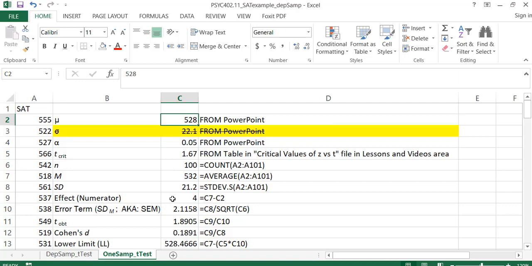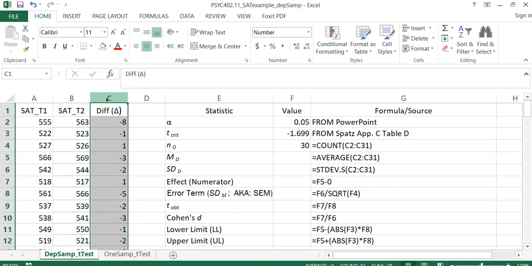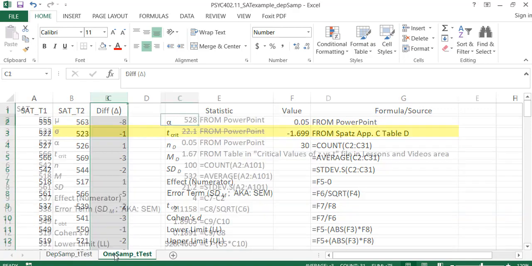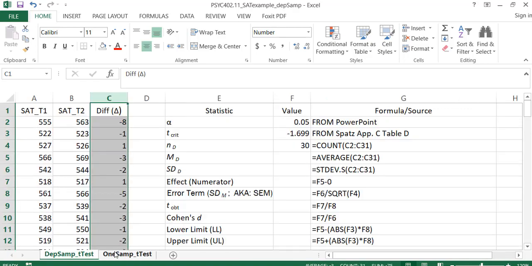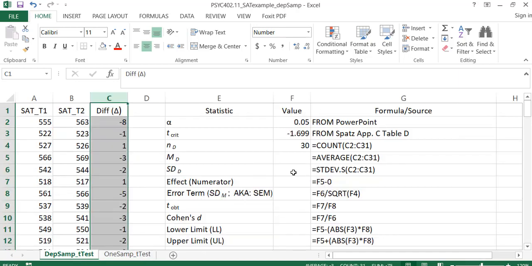But the general process, the math behind it, is very similar to, does this difference differ from 0? And so this helps you to more clearly see, so you can compare and contrast what we're doing with one sample t and what we're doing with dependent samples t. And once we create these difference scores, much of the process is the same.